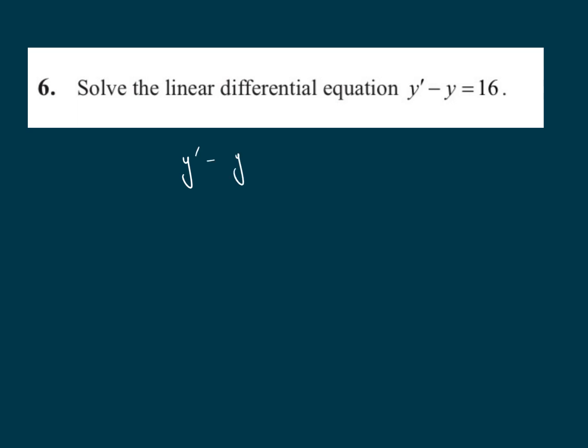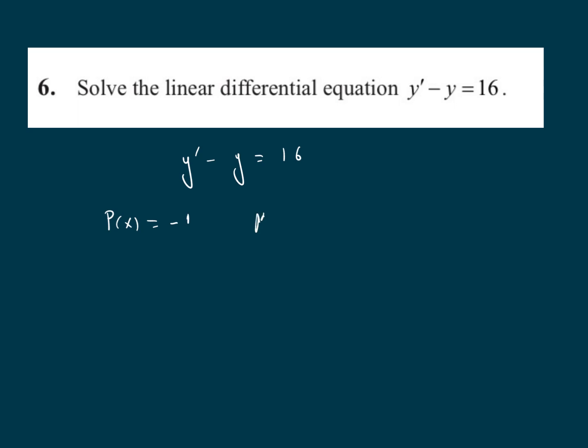So what is p of x? The first question. What is p of x? The function p of x is the function that is a factor of y. The function that is a factor of y is minus 1. So p of x is minus 1.